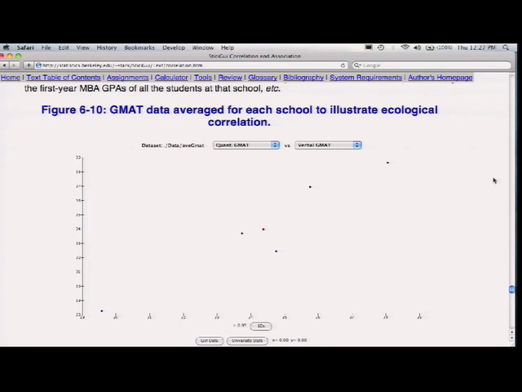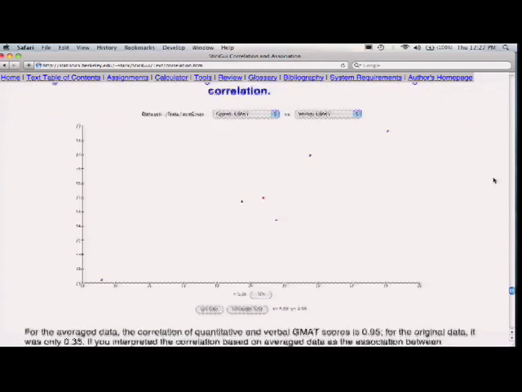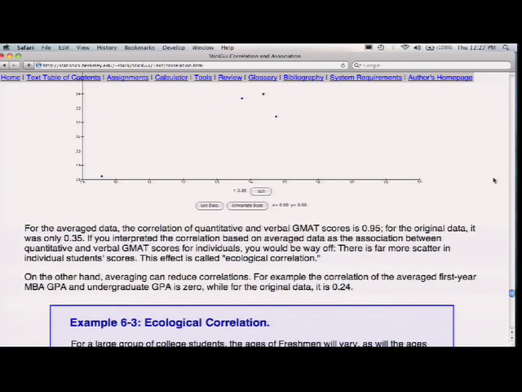This is not invariable, but typically, you've gotten rid of all the within group scatter, and what's left over tends to be more predictable. So the line is fitting this better. All right.